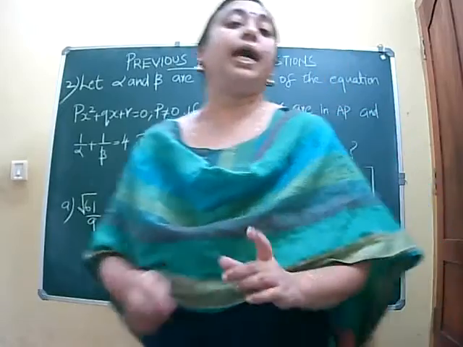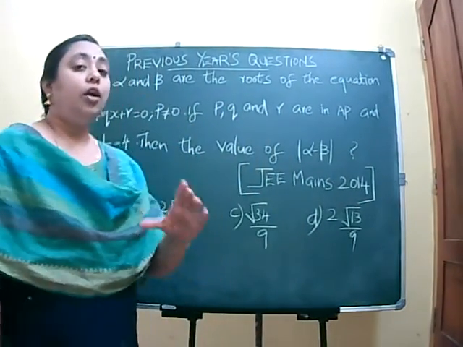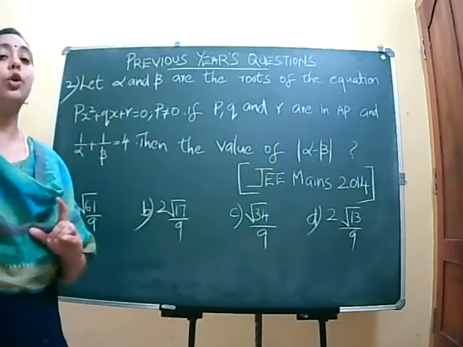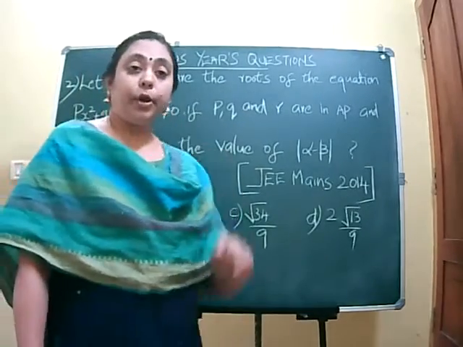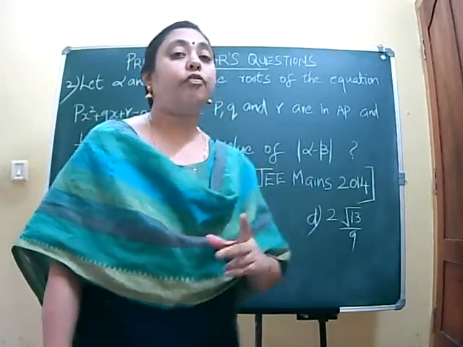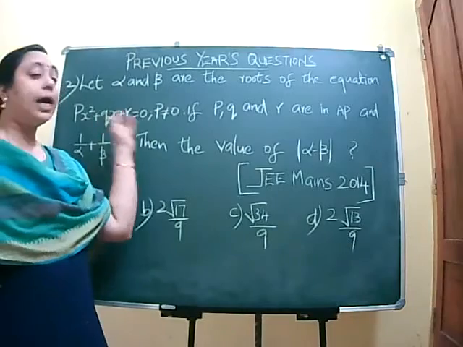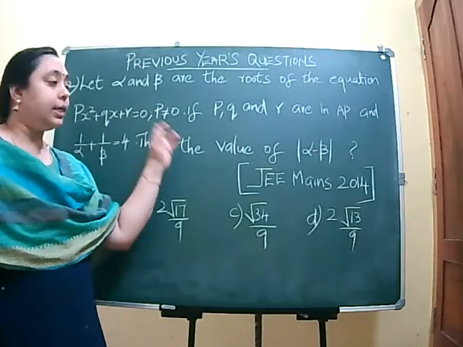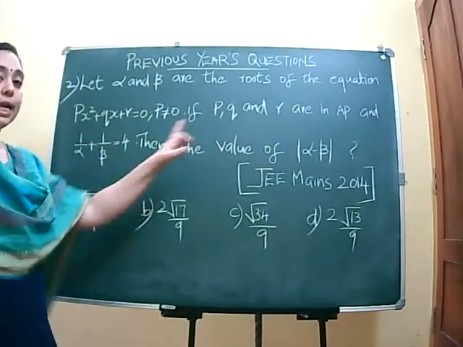For that, first of all, we find out the values of sum and product of the roots of the given quadratic equation using the given results.